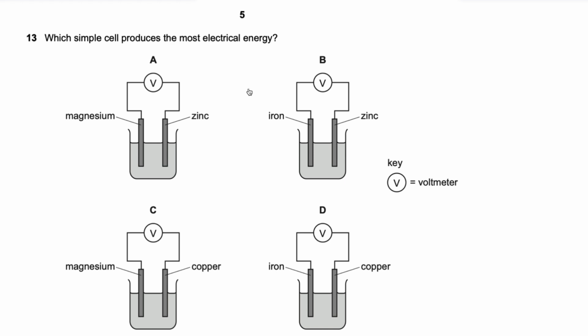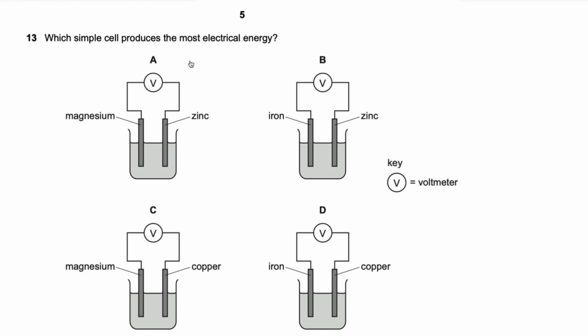You have magnesium and zinc electrodes, and if you want, you look for copper and maybe copper and magnesium, the one that will produce the most electrical energy. So we need to have copper somewhere. Okay, in the cathode. We need to have copper in the cathode.